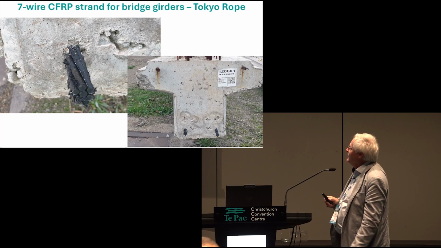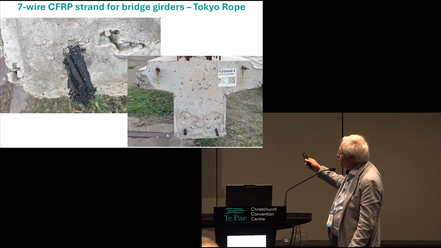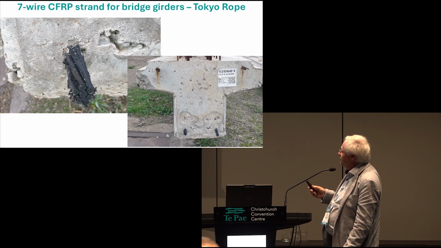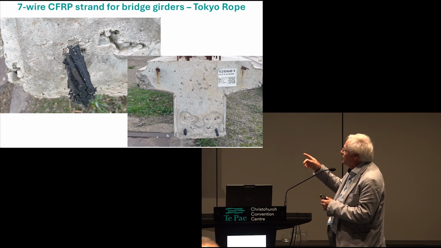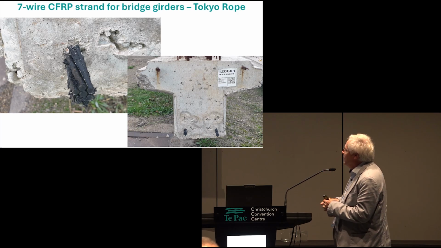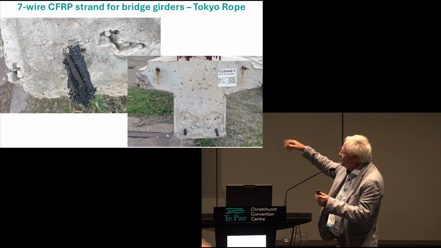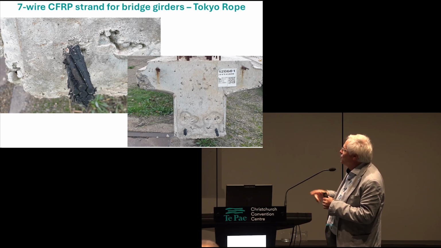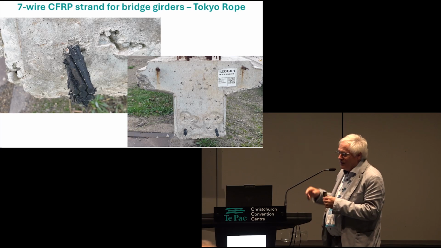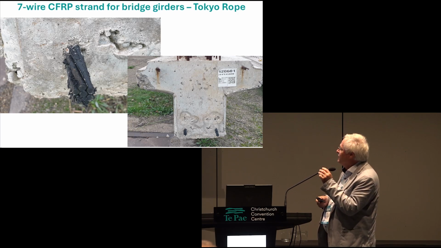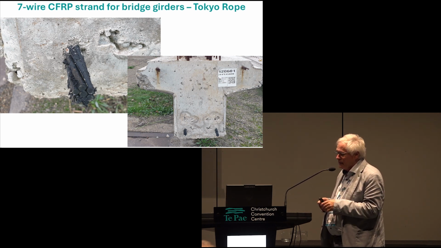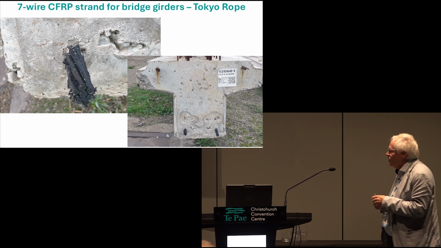At the bottom left and bottom right, it was FRP, carbon fiber pre-stressing wire, and the top was 7-wire strand. You can see that after just 1 month in outside exposure, the top reinforcement, still 7-wire strand, is already corroded, and the bottom reinforcement shows no sign of corrosion at all.